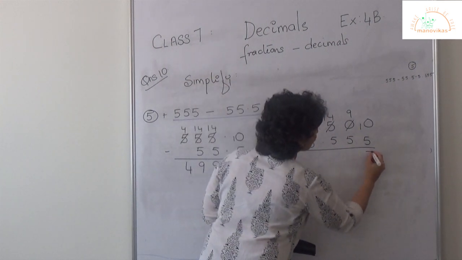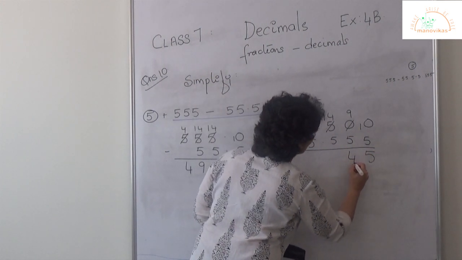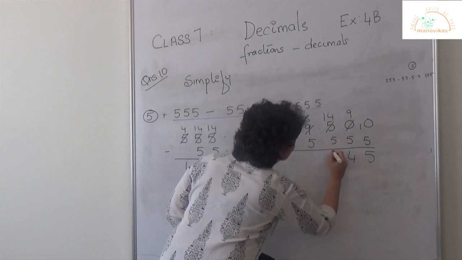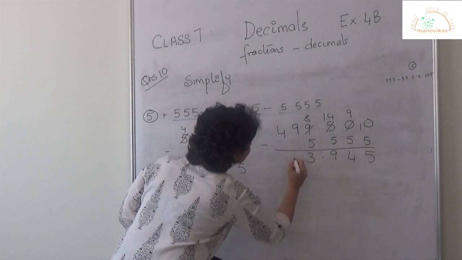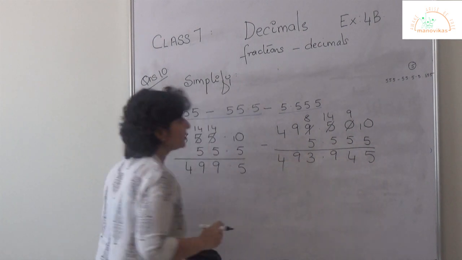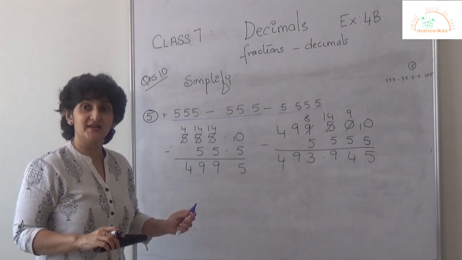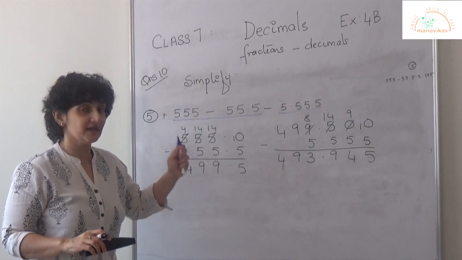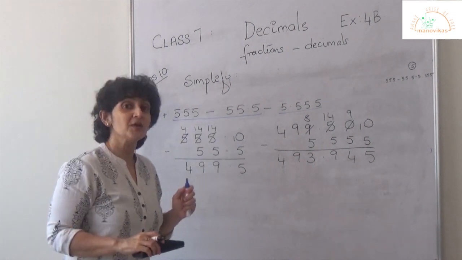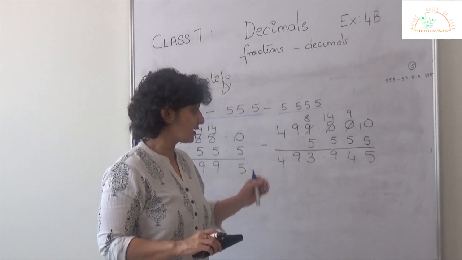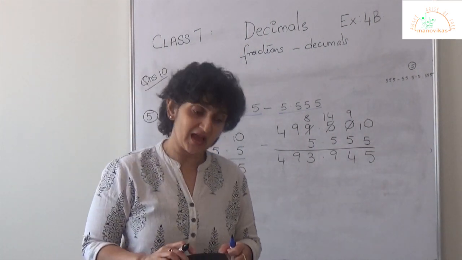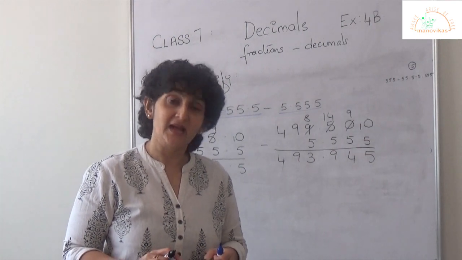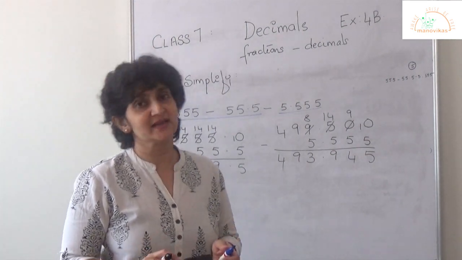So I get 5, 4, 9, 3, 9, 4. So my answer is 493.945. I hope you have understood how to work out these sums. Please complete your exercise 4A as well as 4B, and I'll get back to you in the next class.